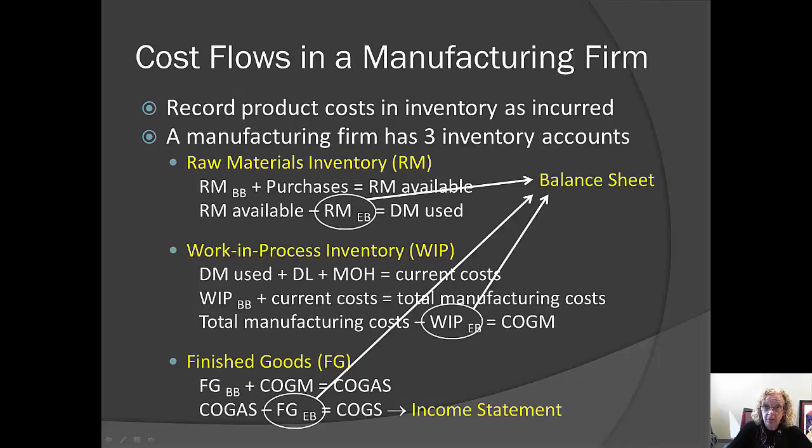But our raw materials ending balance, our work in process ending balance, and our finished goods ending balance all end up on the balance sheet because we know for sure that they are not associated with generating revenue yet. When they become goods that are sold, then their costs will move off of the balance sheet and onto the income statement.